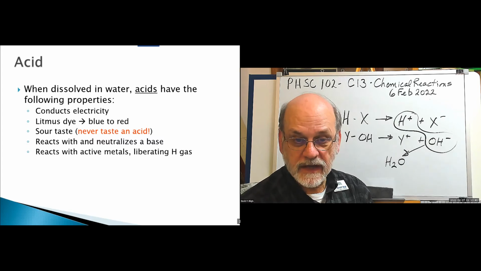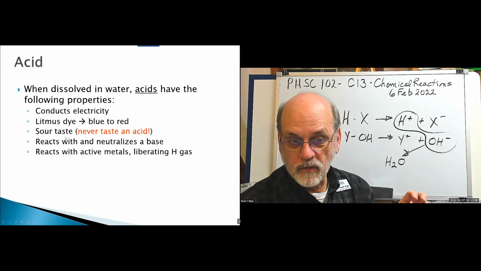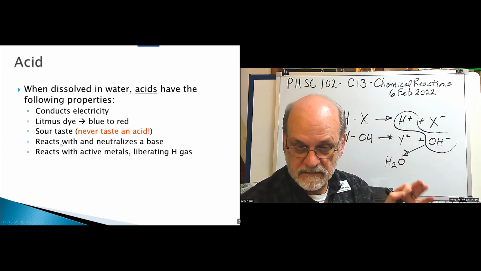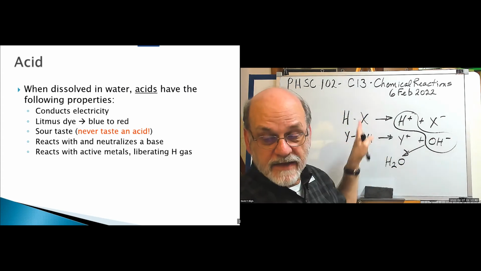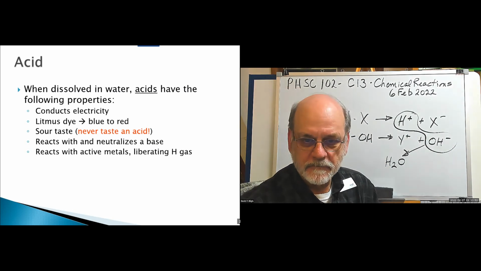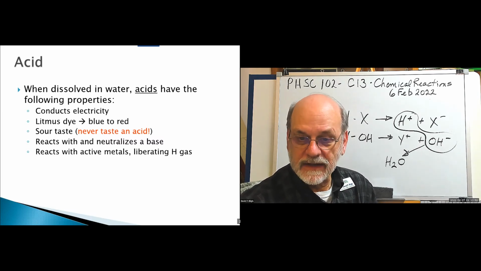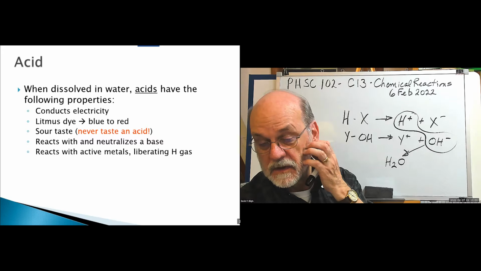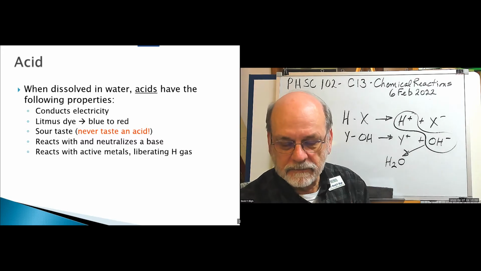I mentioned the sour taste. And with the ability to neutralize bases, that's what we've done here. Combine an acid and a base, that's called a neutralization reaction. And with some metals, acids will react with the metals and liberate hydrogen gas. Not all metals, but some.